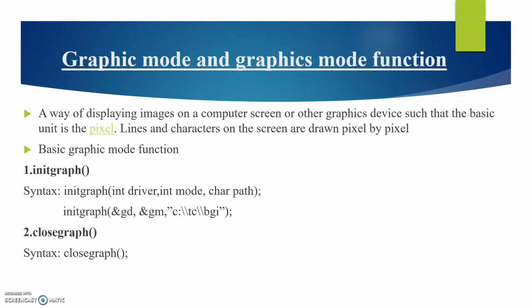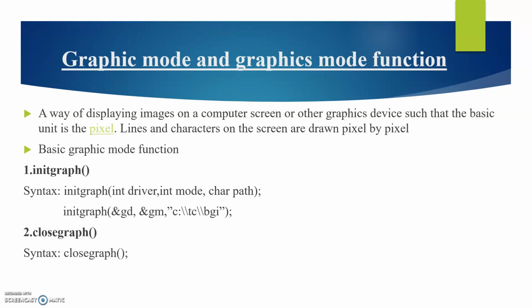The next is graphics mode. In graphics mode, the screen is divided into pixels. While working in the C programming language, the default output mode is text mode. To draw graphics objects on your screen, the display mode must be changed from text mode to graphics mode.